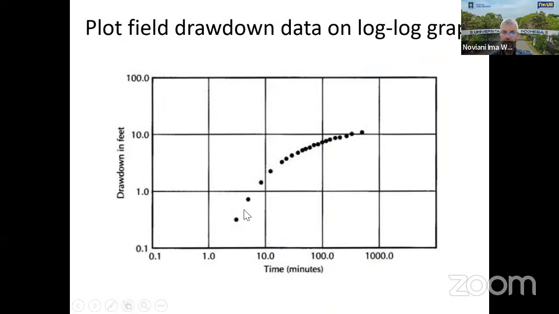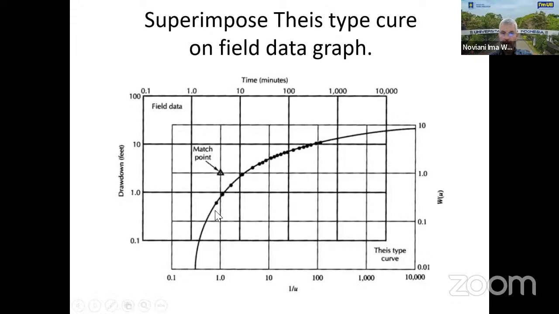When we plot it, it looks something like this, right? Okay, so this is the measured data. And in the next step, I take the Theis type curve that I just created. That's that line here. I hope you can see the line. And try to match it to my observed data. See, the points are the data, and the solid line is the Theis type curve.